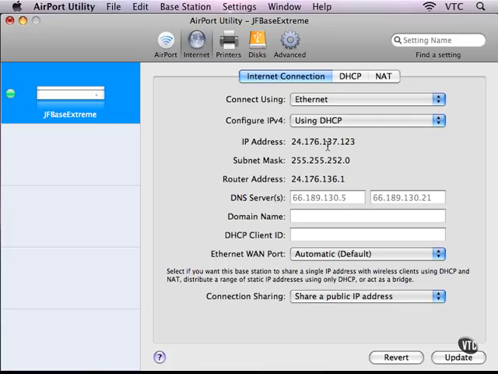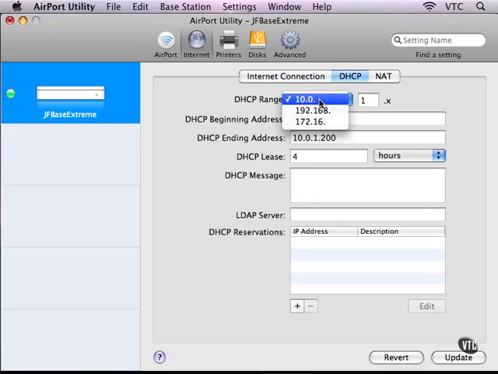But most of the time, what we do is the cable modem gets its IP address, and then within our local area network that is set up by the base station, addresses are distributed in one of the ranges, and these are 3 ranges that are reserved for local area networks. And the difference among them is that this range gives you more numbers that you can use, more IP addresses. This range gives you fewer.